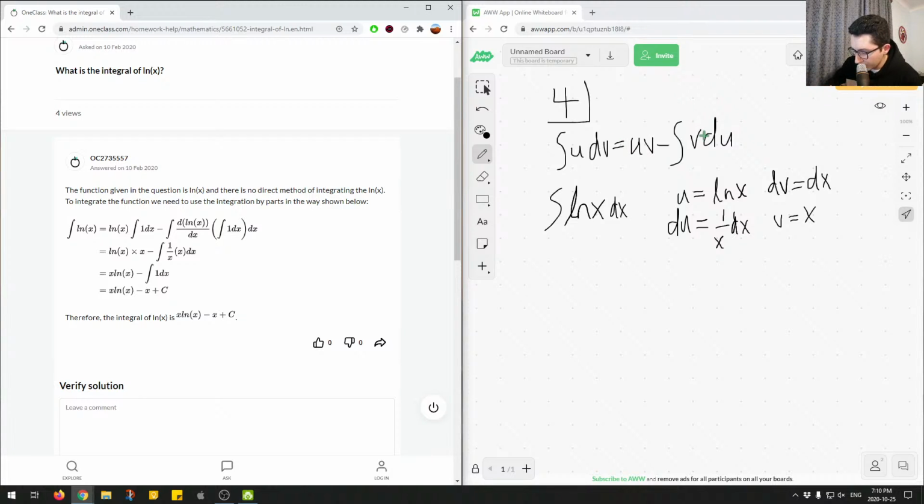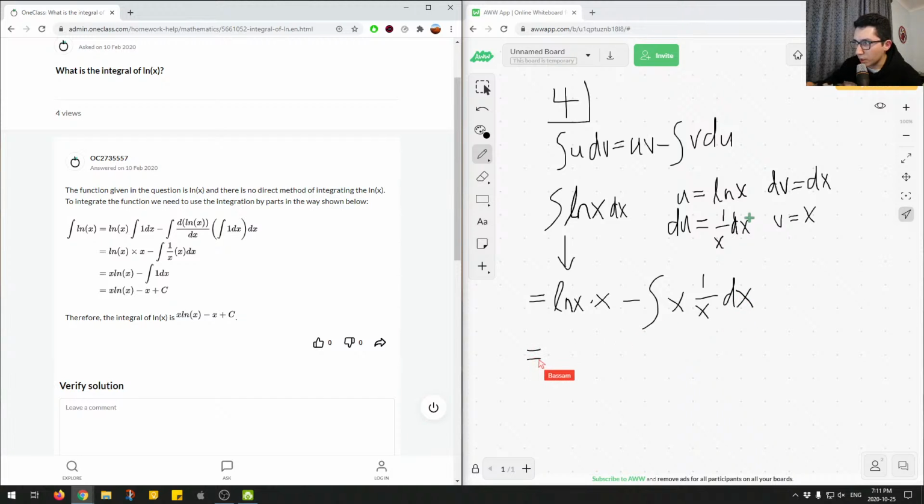We'll say this is equal to u times v, so ln x times x, minus the integral of v du. V over here is x, du is 1 over x dx. So we have x times 1 over x dx.